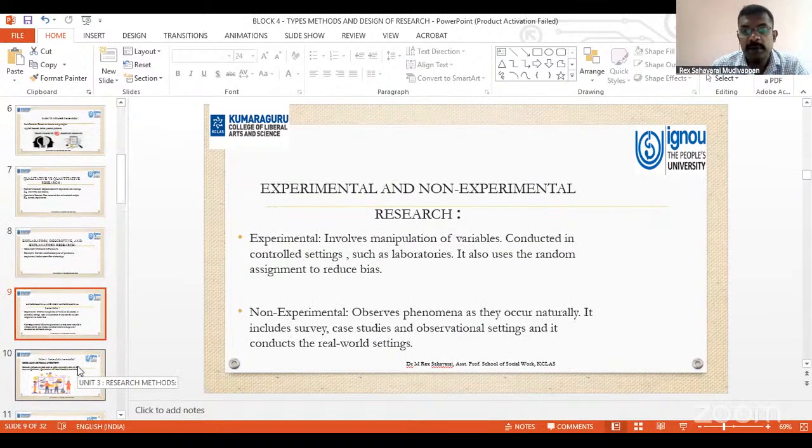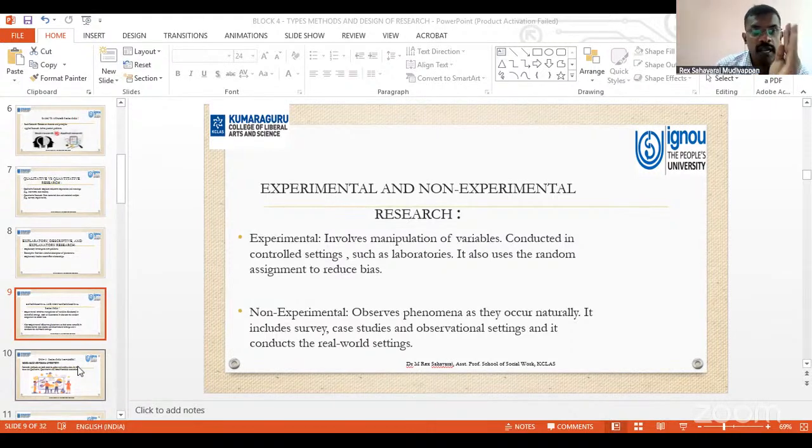Experimental and non-experimental research. When you say experimental, it involves manipulation of variables. For example, you divide the population and sample, and make a control group and an experimental group. Say you want to study the impact of a training program.